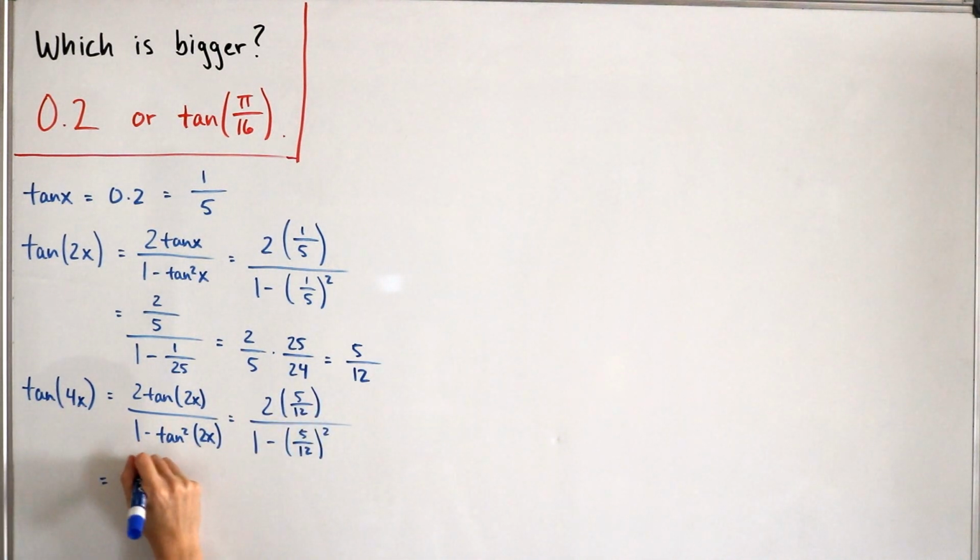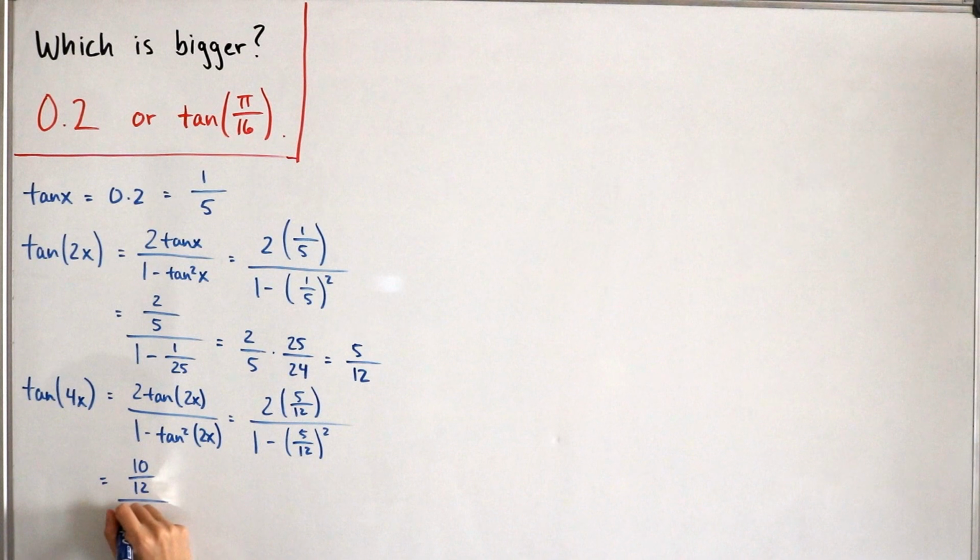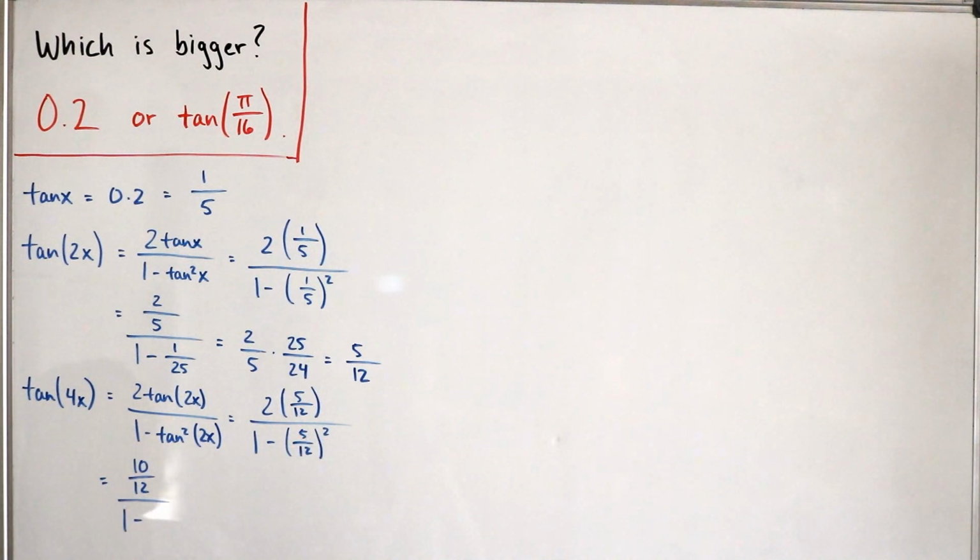Performing the necessary calculations, this will be 10 over 12 in the numerator. Then 1 subtract 5 squared divided by 144, so let me put that down: 25 over 144. Then we perform this out: 10 over 12 multiplied by the reciprocal.